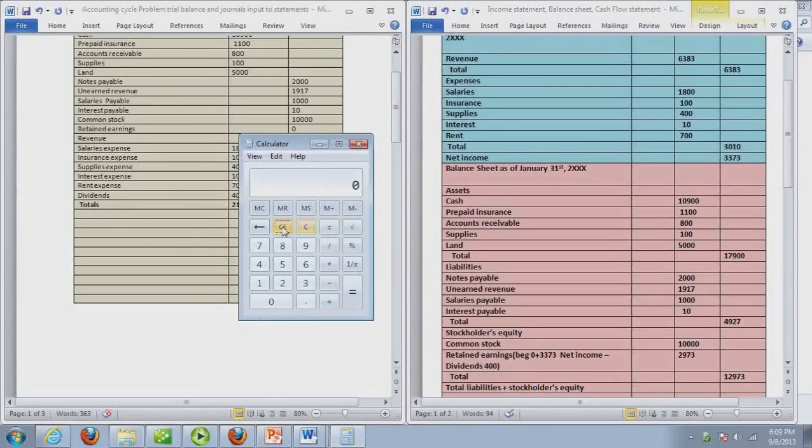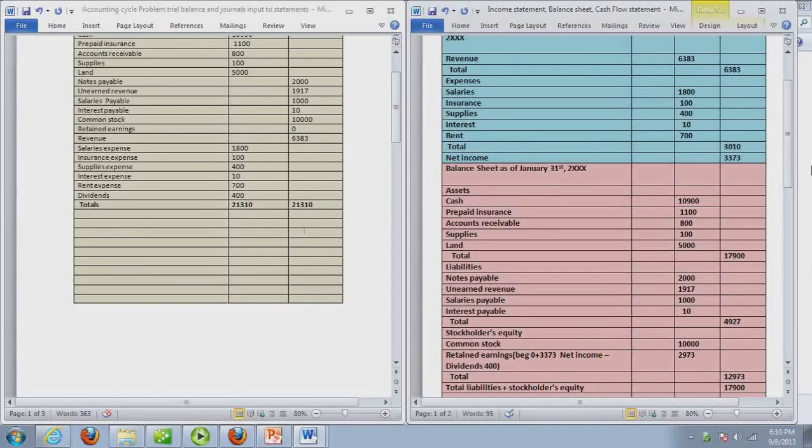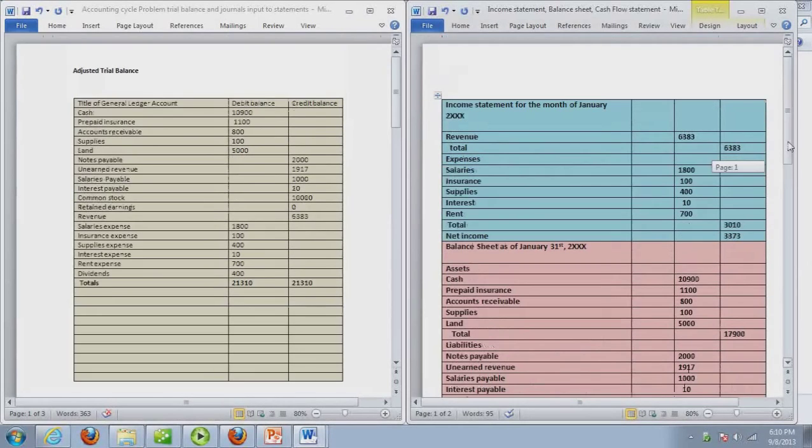And if it doesn't, again, don't spend too much time, don't worry about it, because software helps us with this, thankfully. So we've got 4927 and 12,973. 17,900. Okay, so I'm lucky that it came out that way. It's a good feeling when it balances, but not a problem, I guess, if it doesn't. Just check it out for a few minutes and go on if it doesn't balance.